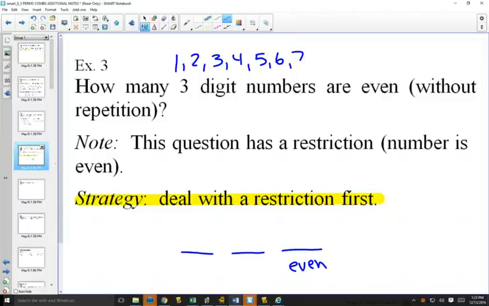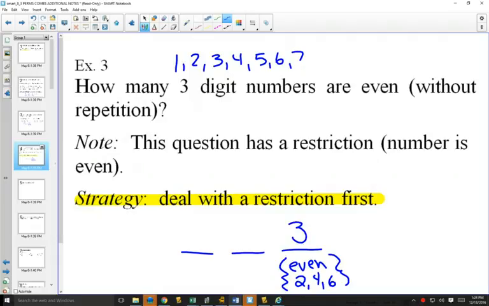Now, using the numbers 1 through 7, can you see that the only even ones are 2, 4, and 6? So when we write our description, we sometimes want to be really specific in what we're writing here, that the last number can be a 2, a 4, or 6. So how many choices do we have for that? 3.